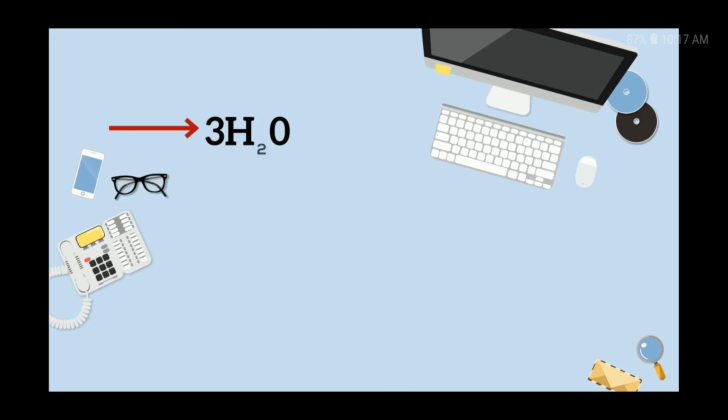Let's look at this example here. Here we have 3 as a coefficient, and H subscript 2 and O with no subscript at all. This is commonly known as 3 waters. The coefficient 3 here means I have 3 entire water molecules.